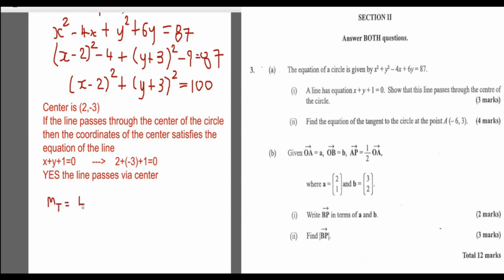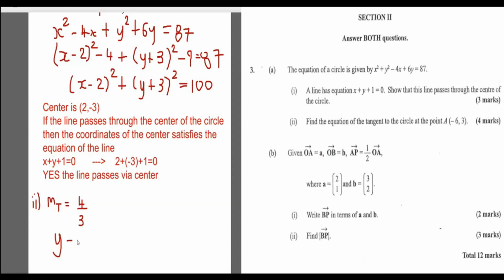And so what's going to be the equation of the tangent? The equation of the tangent then is going to be, so let me write part 2, just so we know. The equation of the tangent is going to be y minus yp, and the y value is going to be 3.